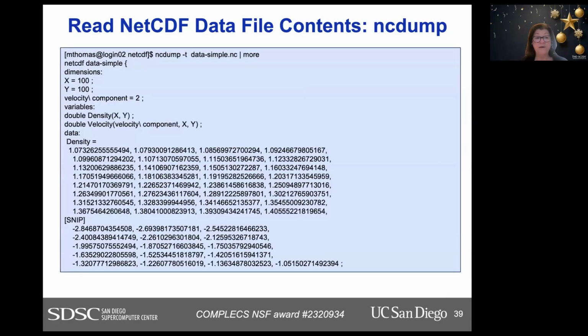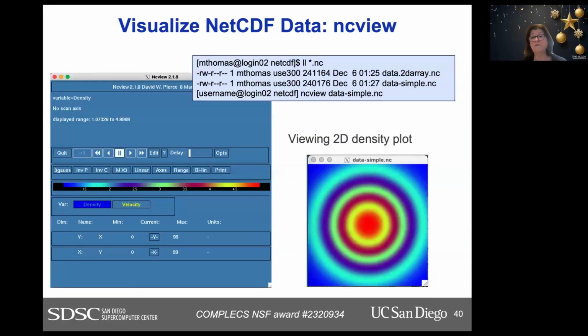Okay, so again, here I'm printing out the data. You can see it's printing out all the values for the density, and the ellipsis means it was a lot more data than that. And you can visualize it. I was able to get enough bandwidth for enough time for this to not time out, so I was able to just use ncview on my data, and it gave me a density plot right away.